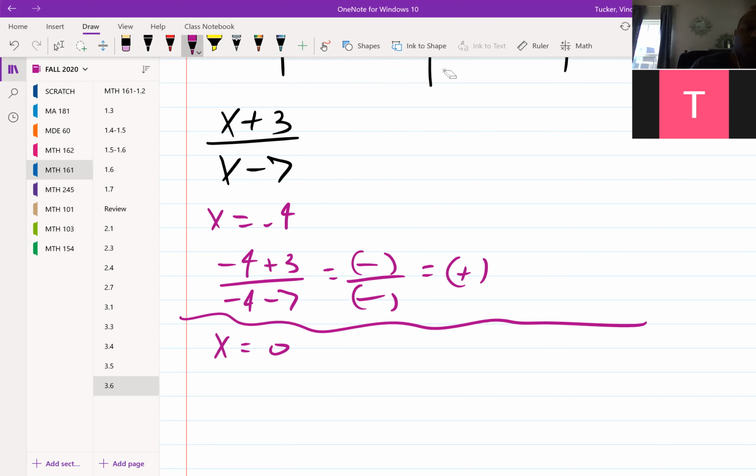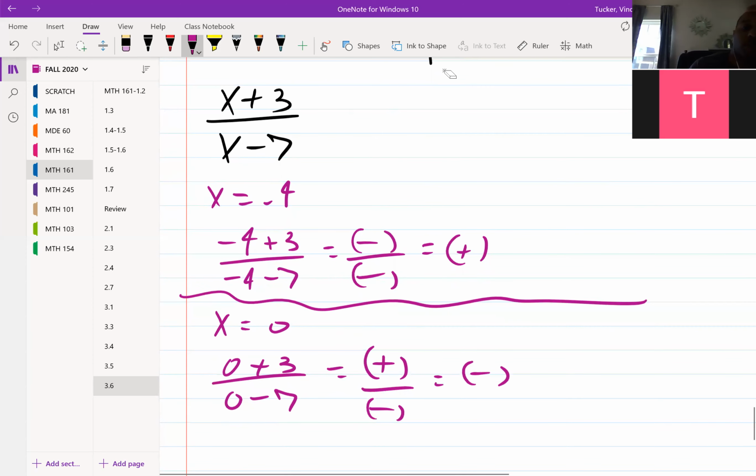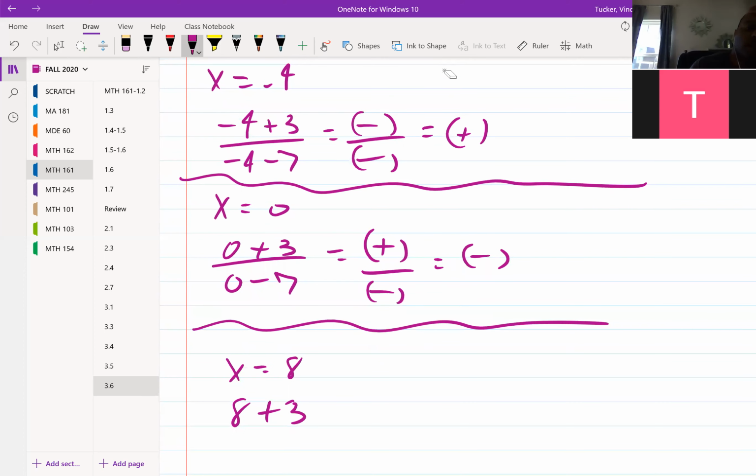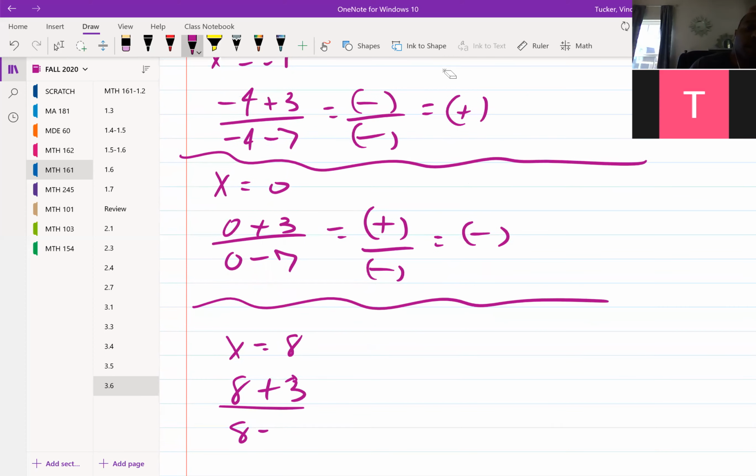X is equal to 0, that's positive over negative, which is negative. Then x equal to 8: 8 plus 3 over 8 minus 7, and that's positive over positive, which is positive.